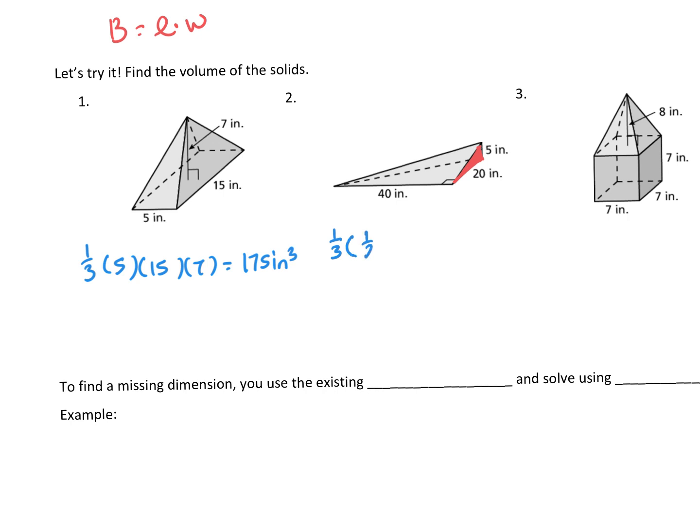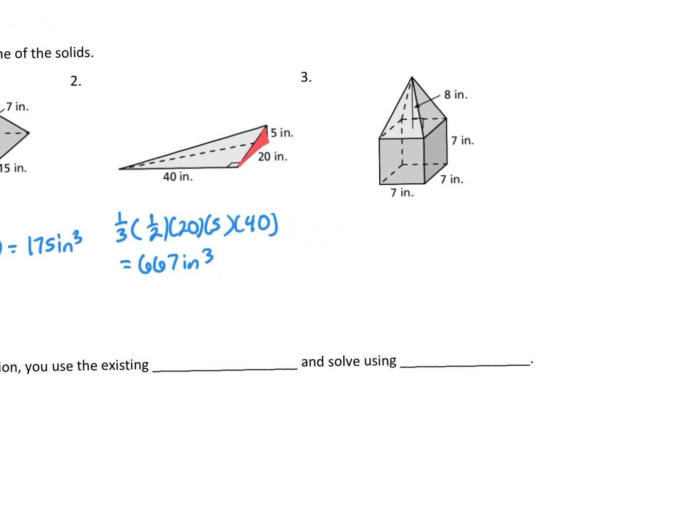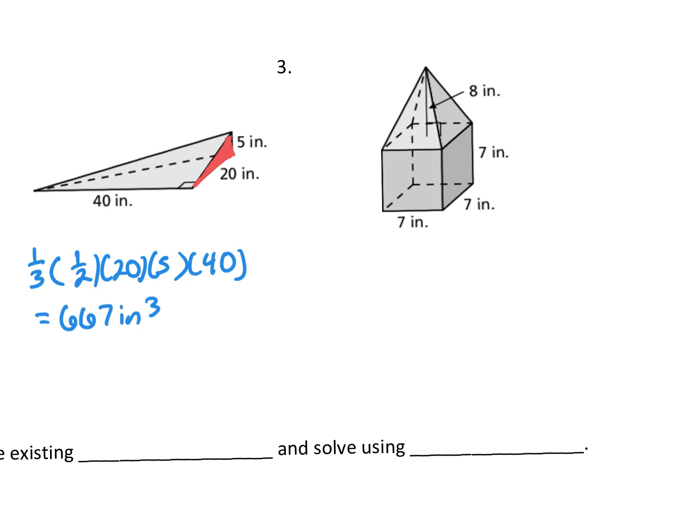So then it's 1/2 times 20 times 5, 1/2 length times width. And then we multiply by the height, which is 40. Multiply all that together, and we get about 667 inches cubed.